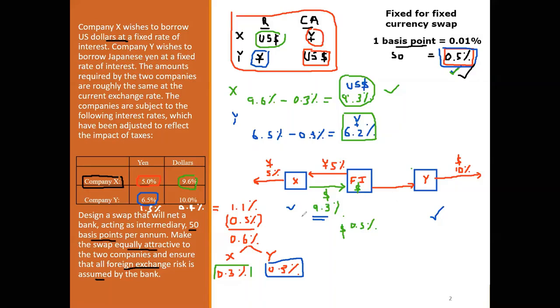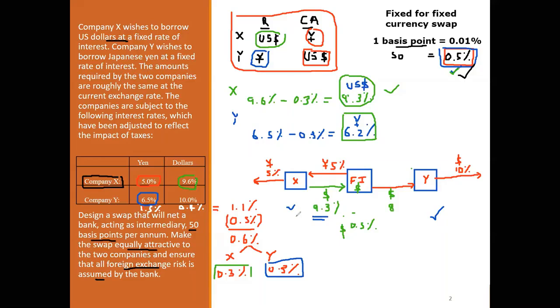From 9.3%, 0.5% is charged. So on a dollar value, Y would get only 8.8%. It's 0.5%, okay, not 5%.